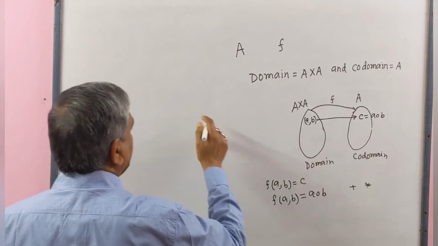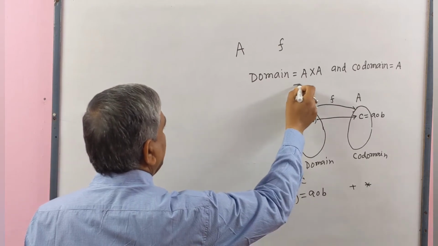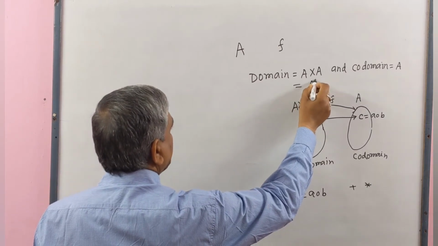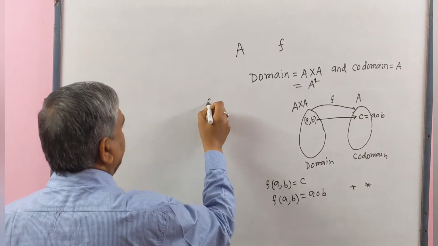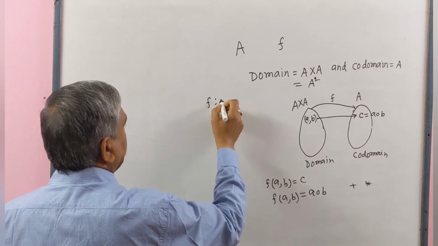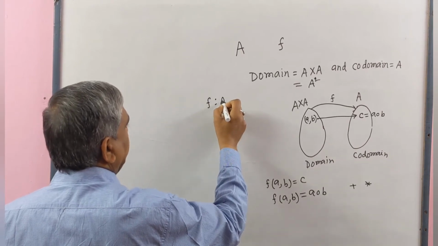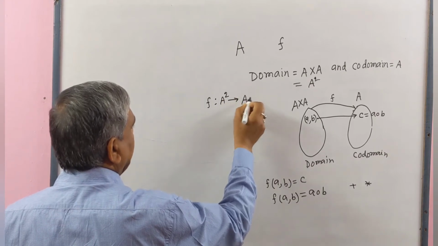In binary operation, domain is A cross A. We may write this as A square. That is, in binary operation, the domain is A square and codomain is A.